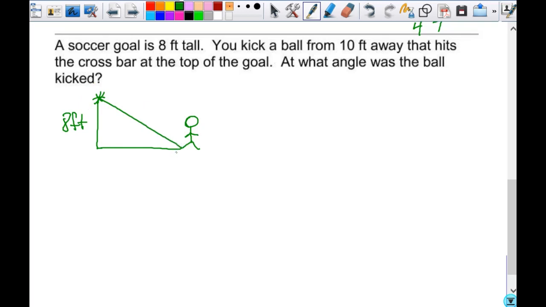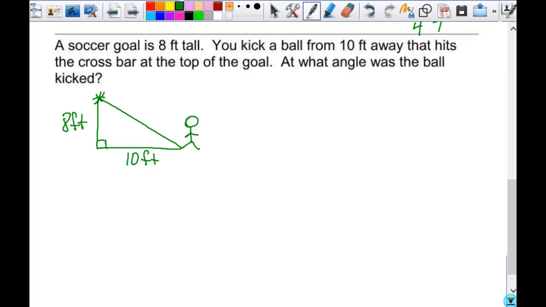Okay? You kick it from 10 feet away. Where does the 10 feet go? At the bottom, right here. Even if the goal is not perpendicular, because they lean a little bit, the height of anything, how tall something is, is always a perpendicular measurement. Does that make sense to you? So how tall it is is perpendicular, even if the goal itself isn't.